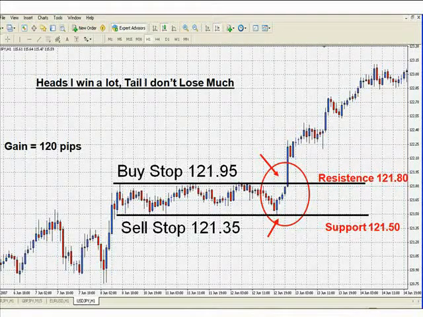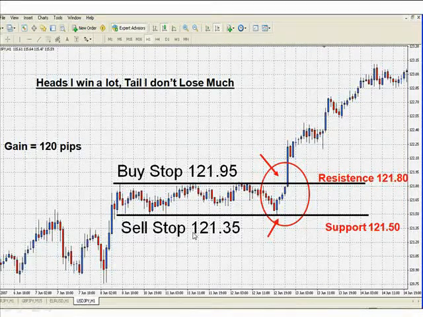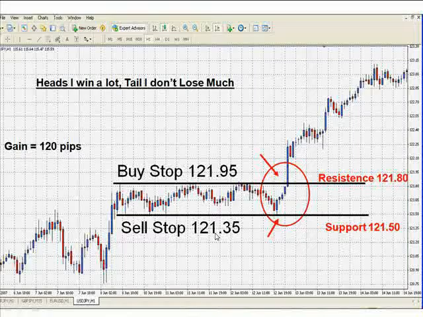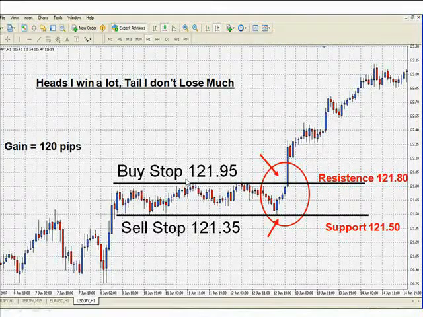A buy stop order is an order which will be done only when the currency touches 1.1095, and a sell stop order is an order which will be executed only when the currency hits 1.1035. So essentially when you place these two orders, it's basically a pending order waiting to be executed.